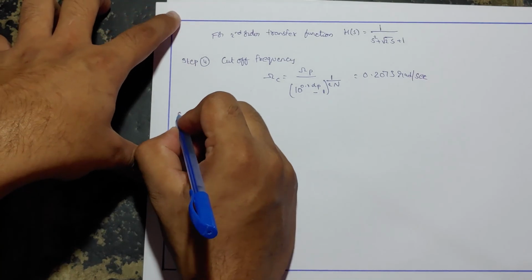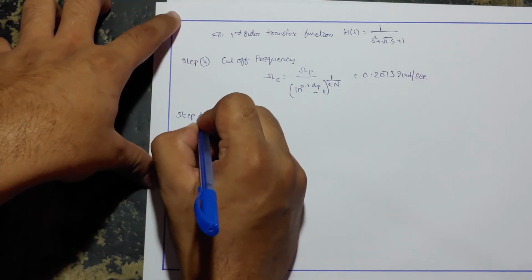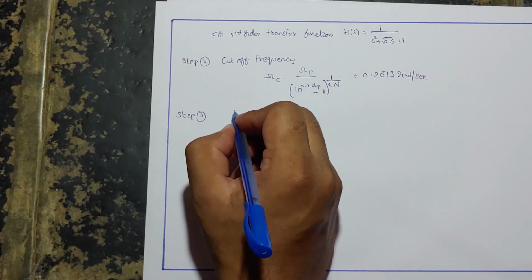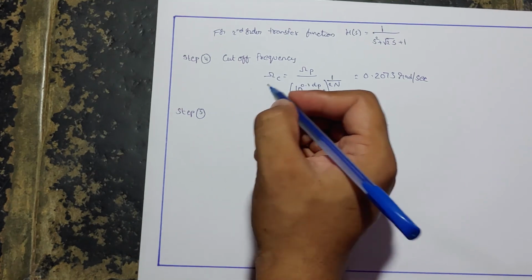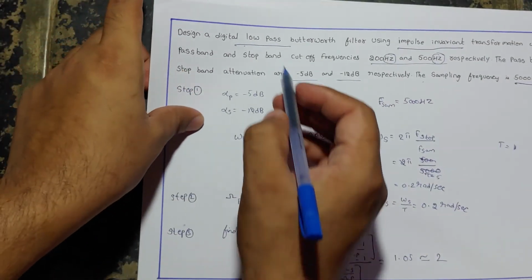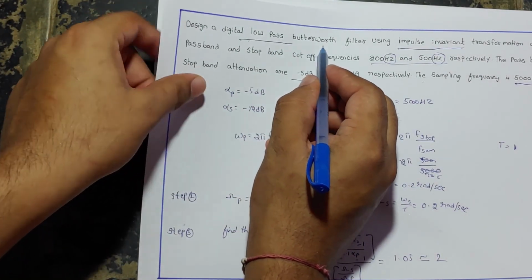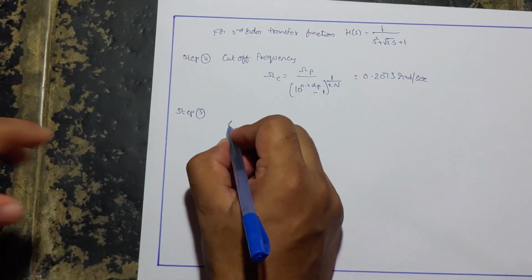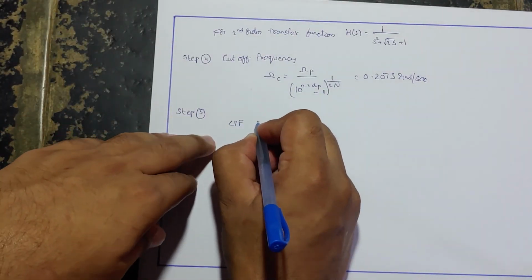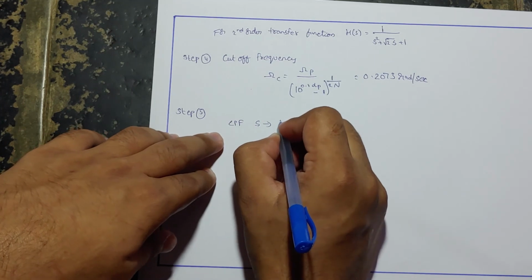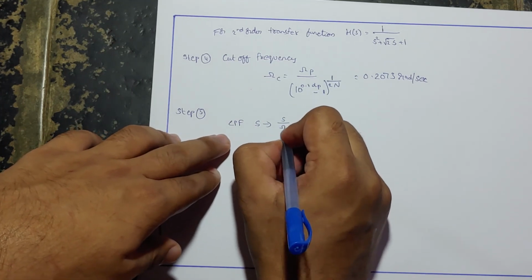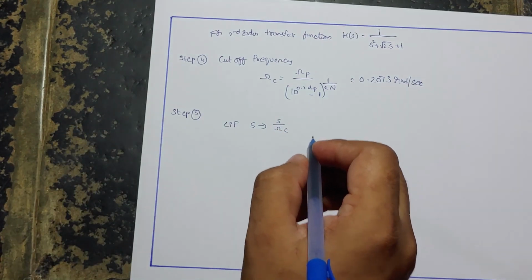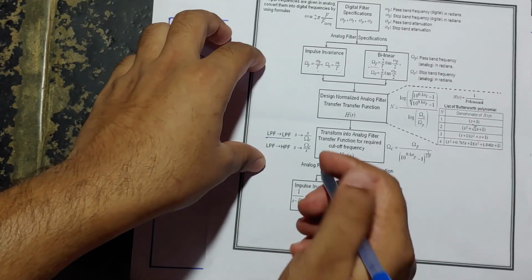And in the next step, step 5, here it is asked, let us see the question. Here it is asked for a low pass Butterworth filter. For a low pass filter, we know that S would be replaced with S by omega C, as it was mentioned in the sheet.